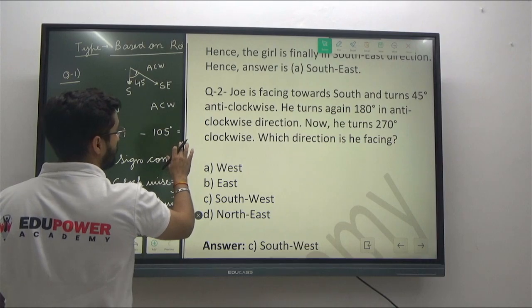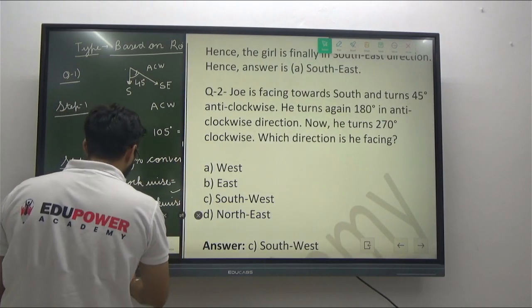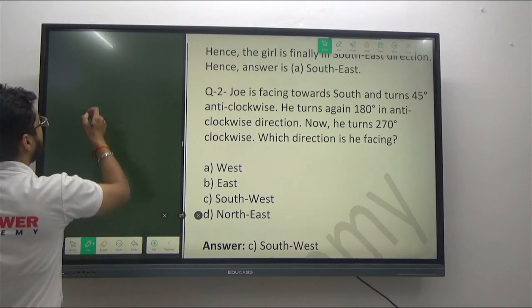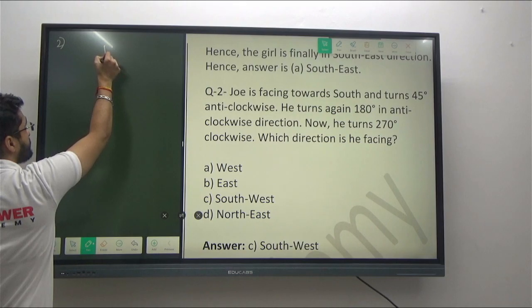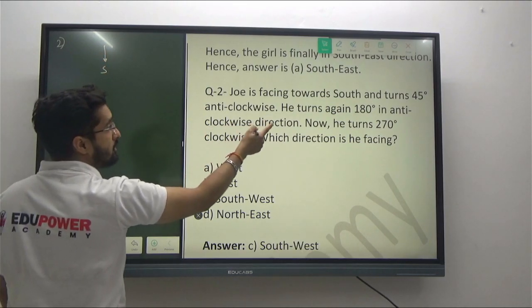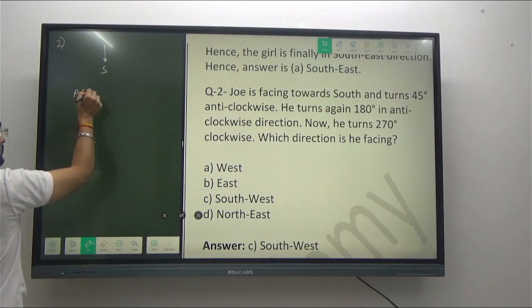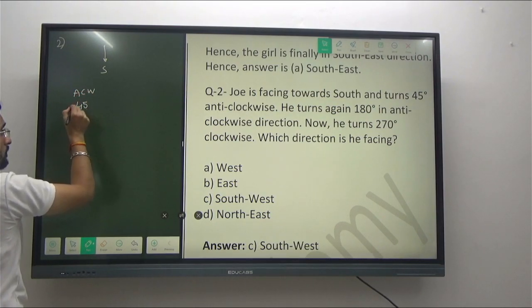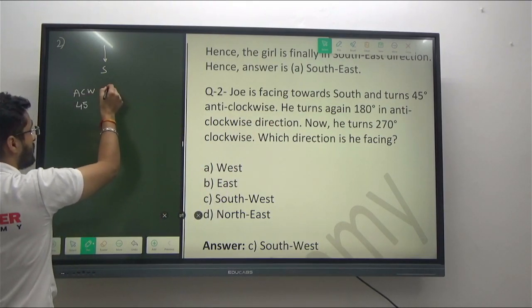We will discuss the solution now. Question number 2, Joe is facing towards south and turns 45 degree in the anti-clockwise direction. ACW 45, he turns again 180 degree in the anti-clockwise direction.